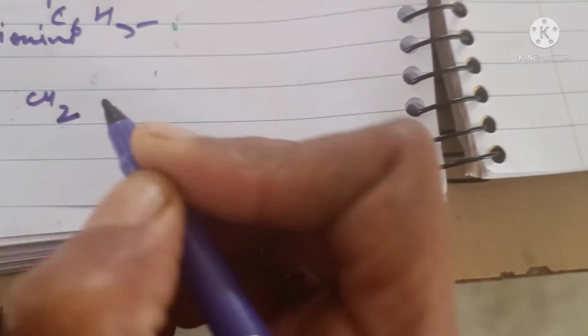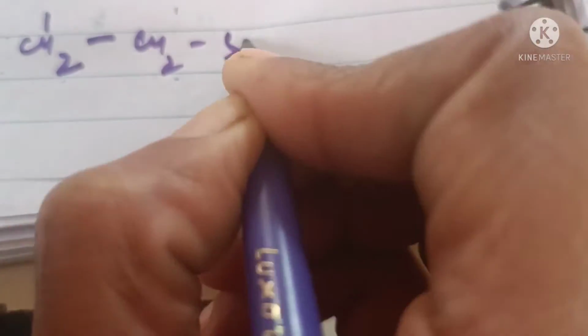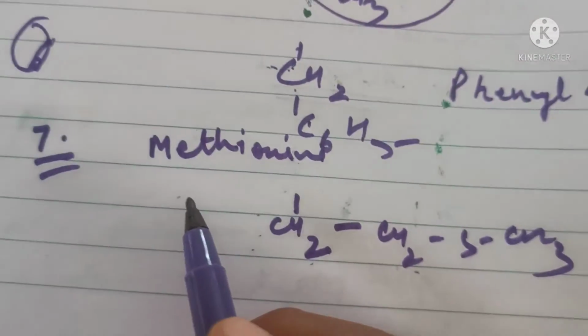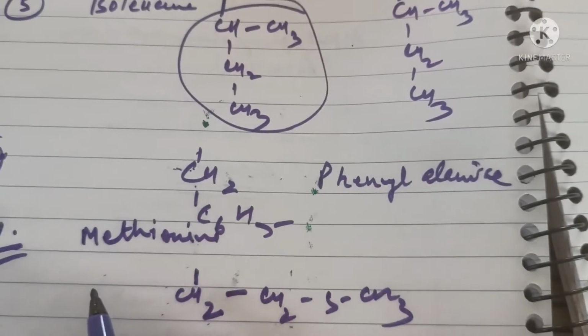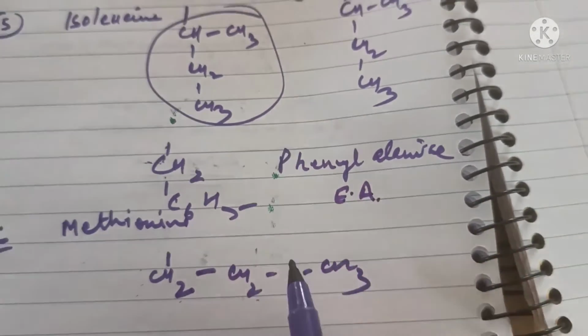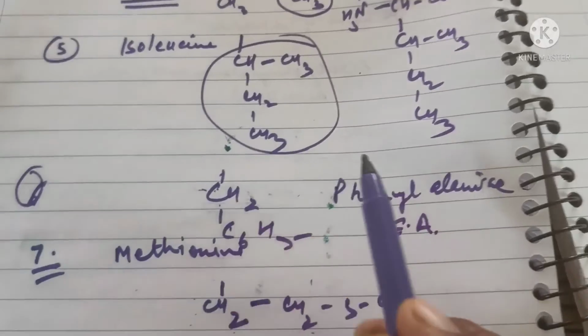It is also an essential amino acid. Then the next amino acid is methionine. When one H of the CH3 group is substituted by the CH2SCH3 group, then we get the amino acid methionine. This is also an essential amino acid.